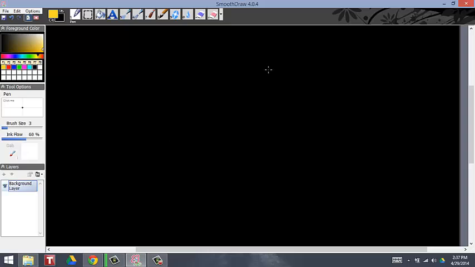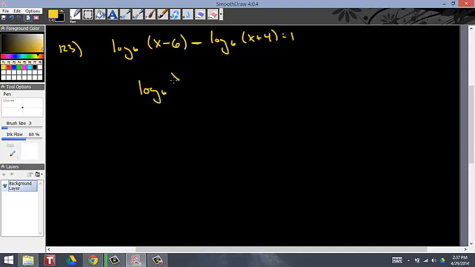Yeah, so actually, why don't we take a look at something like that, Jacob? Let's take a look at something like 123. So I've got log base 6 of x minus 6 minus log base 6 of x plus 4 equals 1. So Jacob, I'm going to go and combine these using division, right? Because this time the logs are being subtracted. So I got log base 6 of x minus 6 over x plus 4 equals 1.